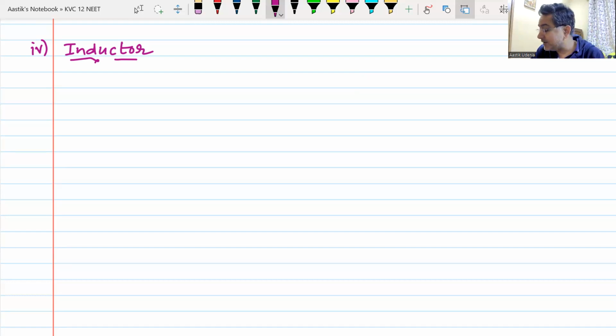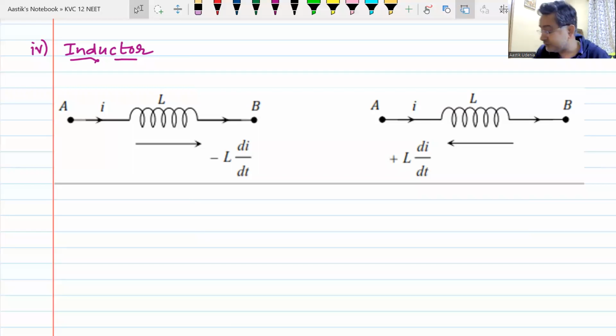Again, we have a sign convention for this gentleman. Same thing, but here we don't know the potential drop. It is L into di by dt, where di by dt is the rate of change of current.